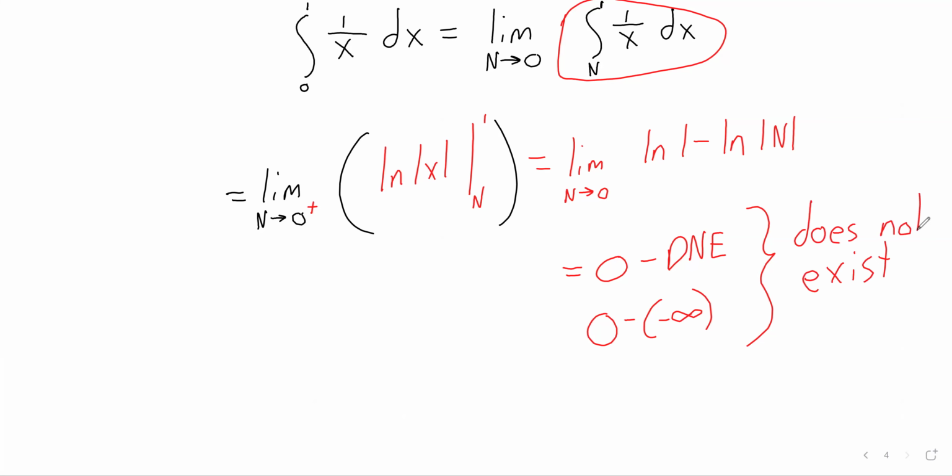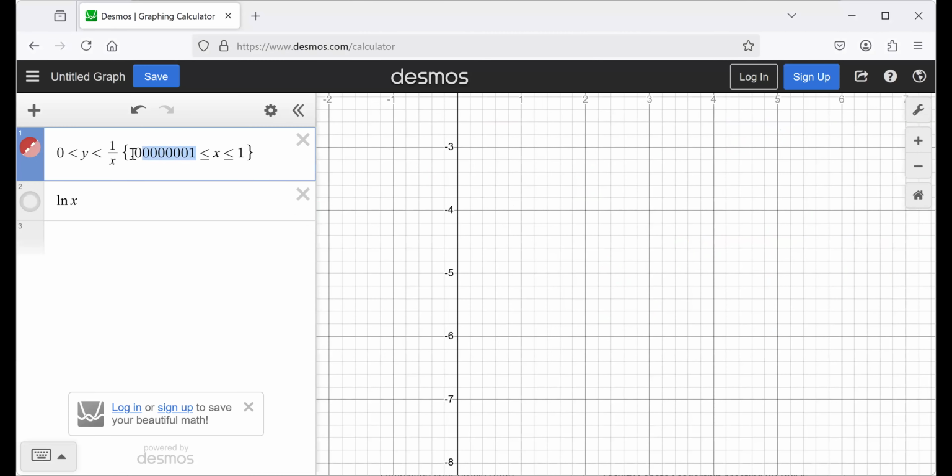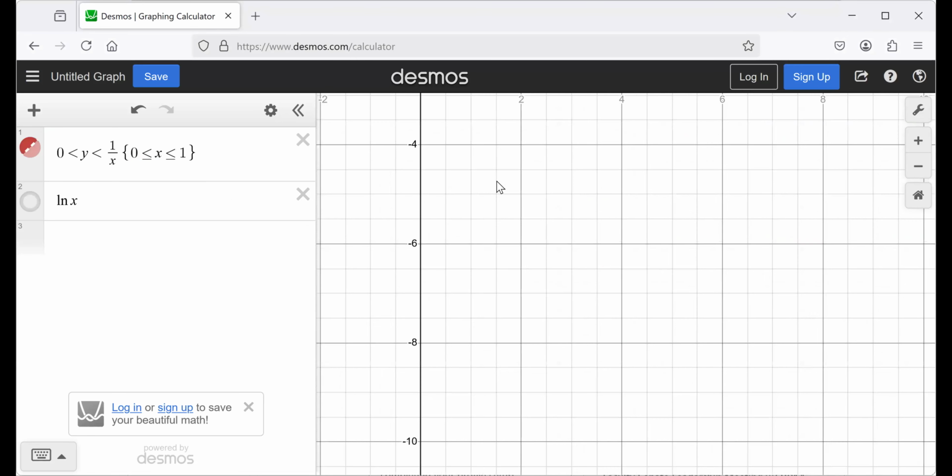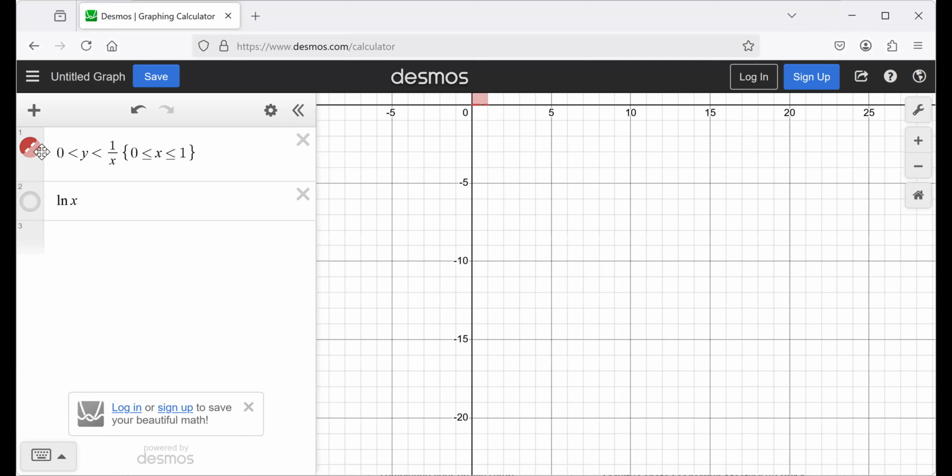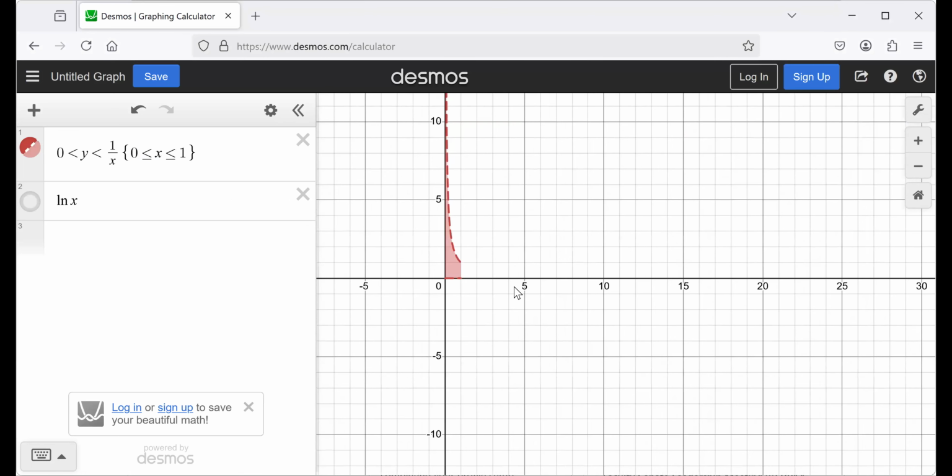I mean, the intuition we might have had that this integral shouldn't exist, because, speaking physically, this is the area of an infinite region.